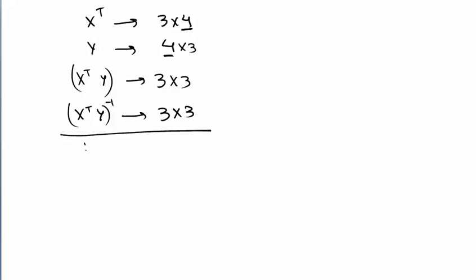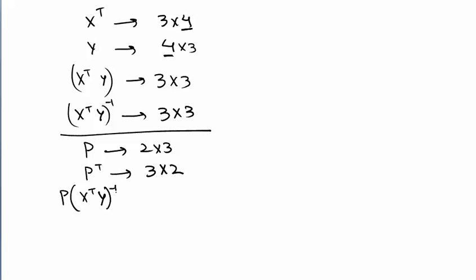Now what is the order of P? P is given as 2 cross 3. What is the order of P transpose? It will be 3 cross 2. Very good. And P into X transpose Y inverse into P transpose is what the question gave us. So this will become 2 cross 3 into 3 cross 3 into 3 cross 2, isn't it?